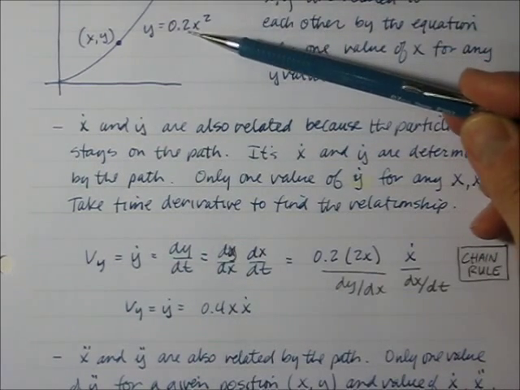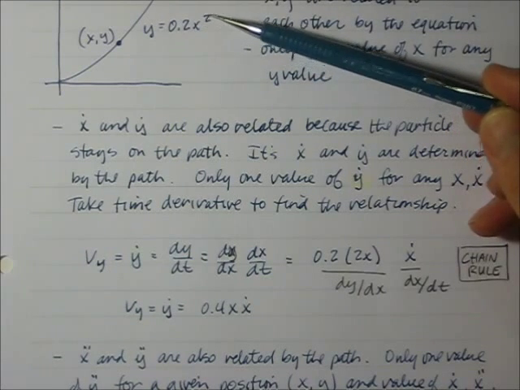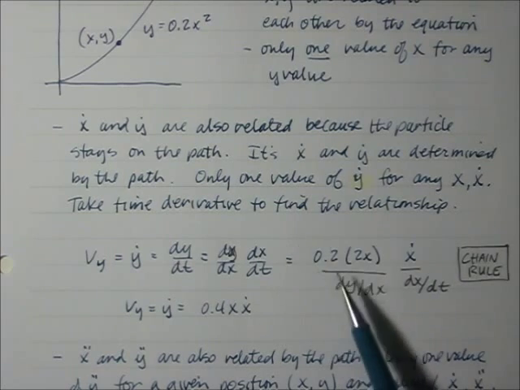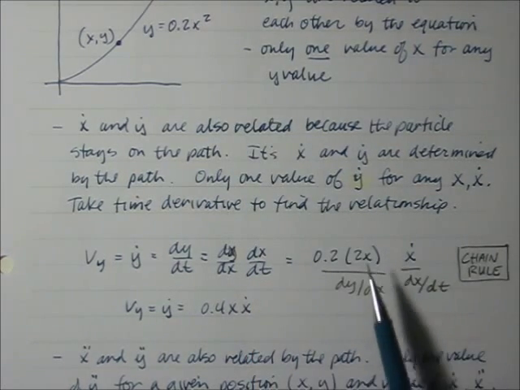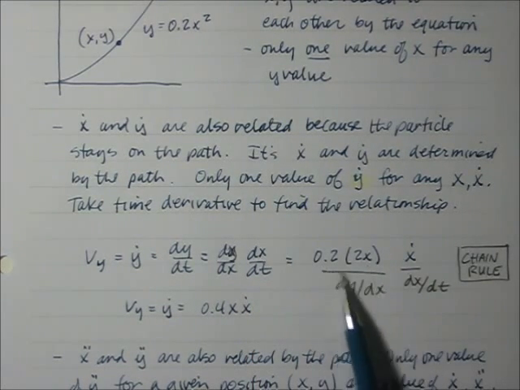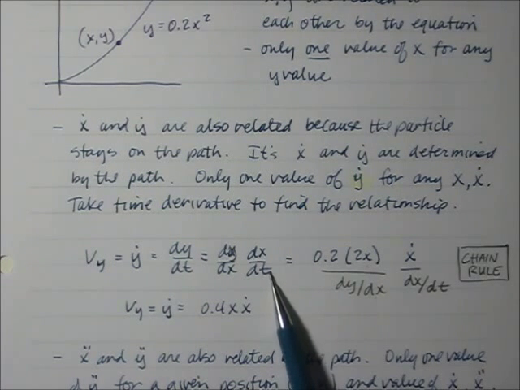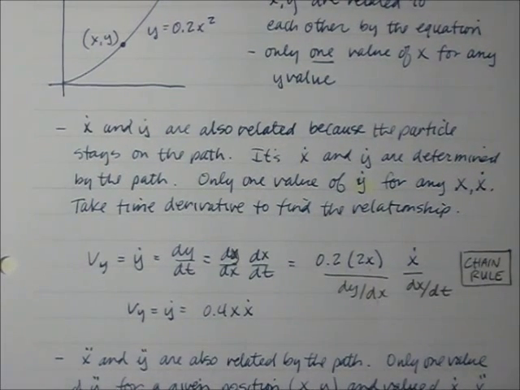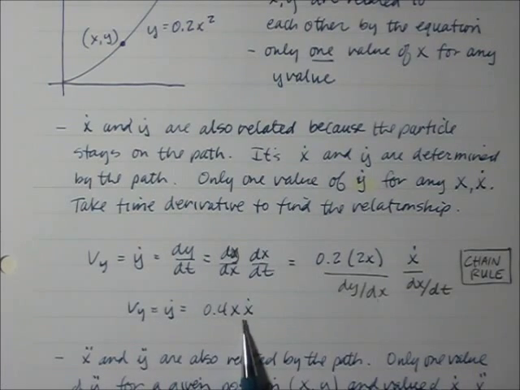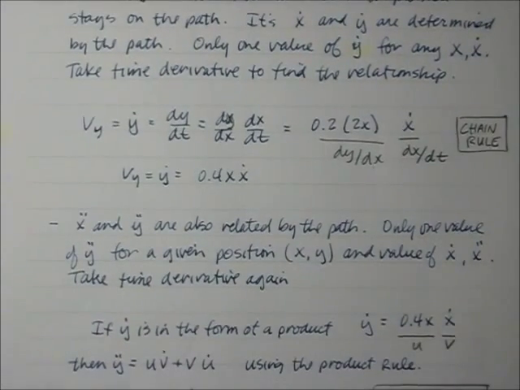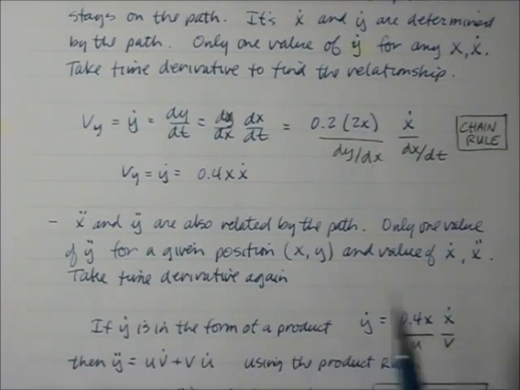With 0.2 and an x squared, that would be 2 times 0.2, and the x squared becomes 2x. So this part is my dy dx, and then I need dx dt, and that's going to be x dot. And that's how we use the chain rule in dynamics. Multiplying all that out, you get y dot equal to 0.4x x dot. It's pretty easy.